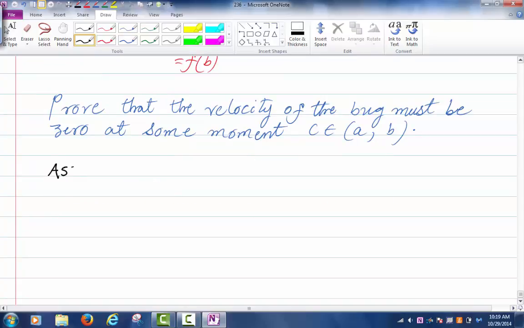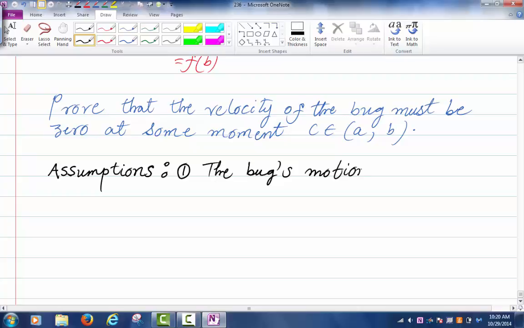And there are two more assumptions that we have to make. One assumption is that the bug's motion is continuous. What do I mean when I say that the bug's motion is continuous? It means that it moves in a continuous way.